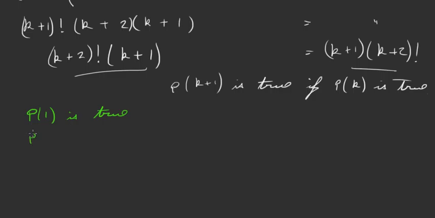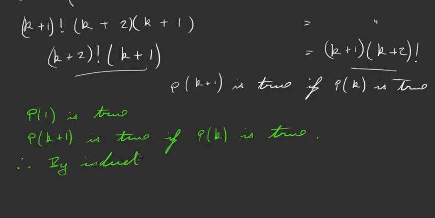And we know that Pk plus 1 is true if Pk is true. Therefore, by induction, Pn is true for all n that is an element of the natural numbers. So whenever you have a natural number, the proposition will be true.